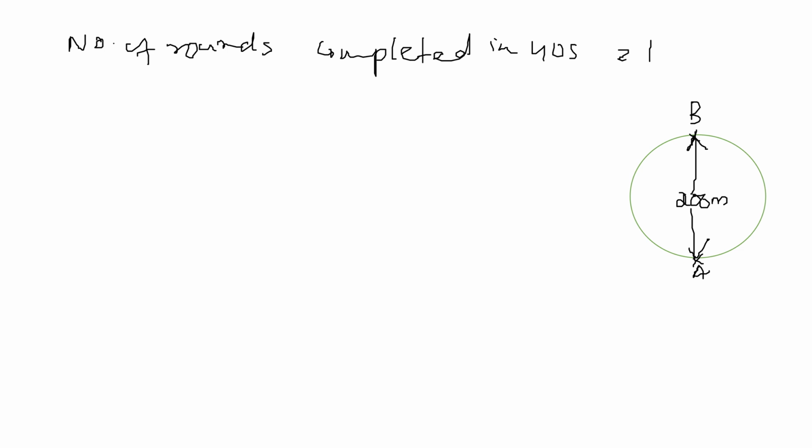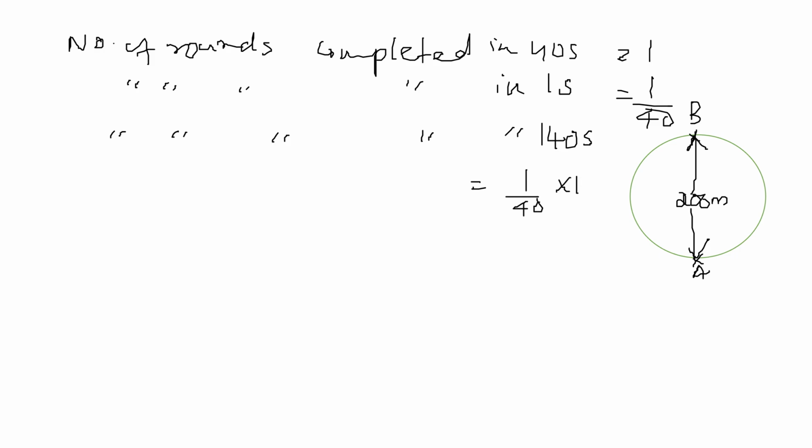So number of rounds completed in 1 second will be 1 by 40, and the number of rounds completed in 140 seconds will be 1 by 40 into 140, and when you simplify you will get 7 by 2. 7 by 2 means 3.5 rounds.